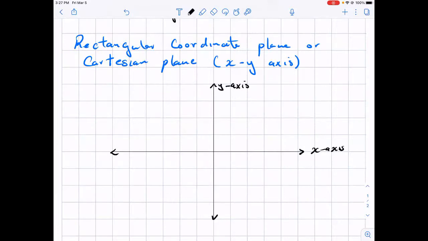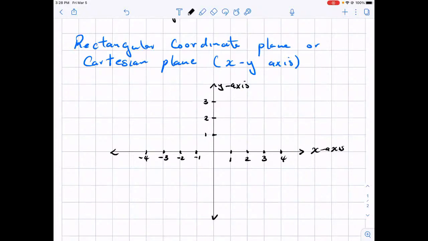And the horizontal number line, right? The horizontal line, which is the x-axis, has numbers. So we have 1, 2, 3, 4. On the left side, we have numbers also, -1, -2, -3, -4. And then we have positive numbers on the vertical line, which is the y-axis.